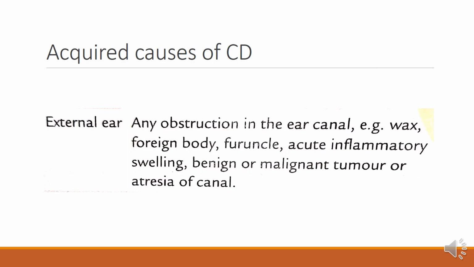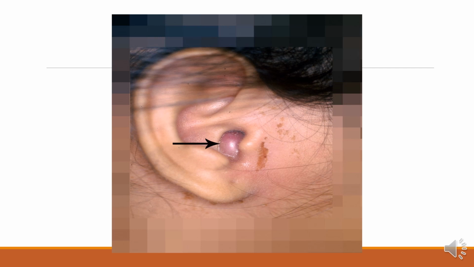Acquired causes of conductive deafness in external auditory canal. Any obstruction in the ear canal, for example, wax, foreign body, furuncle, acute inflammatory swelling, benign or malignant tumor, or atresia of ear canal. So, any inflammation, trauma, or mass within the external ear will cause conductive deafness. Here you can see it may be a polyp or a huge boil in the external auditory canal.